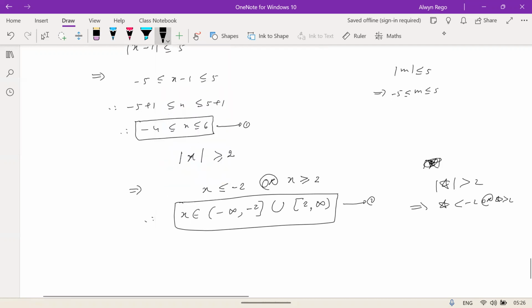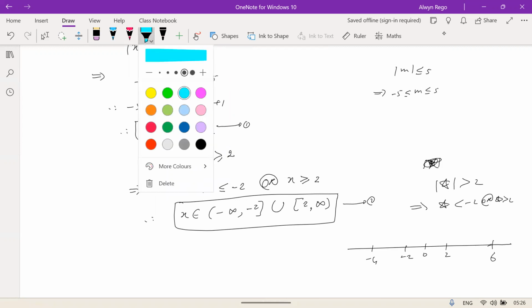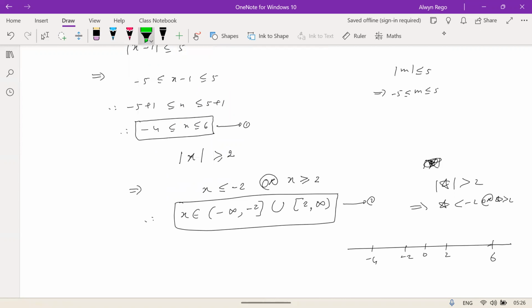If you look at this carefully, on the real line, this is 0. Let me just put these numbers up. This is -2 here. This is +2 here. This is -4 here. And this is 6 here. So the first condition tells me that x must stay between -4 and 6, inclusive of -4 and 6.